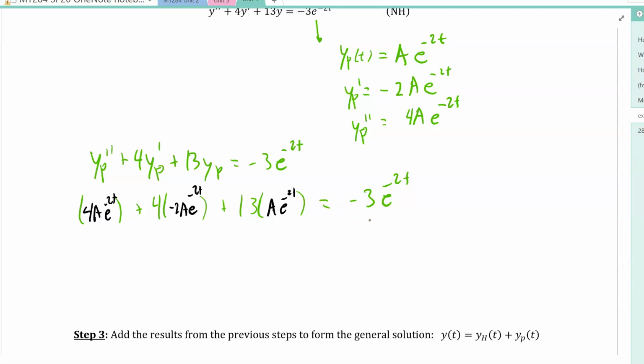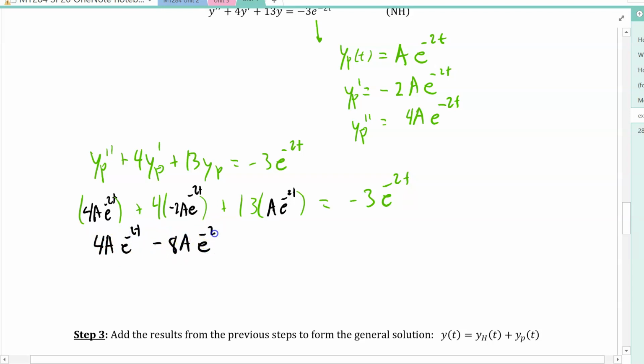Well, after dropping the parentheses and doing some multiplication, 4a times e to the negative 2t minus 8a times e to the negative 2t plus 13a e to the negative 2t, and all of that has to equal negative 3 e to the negative 2t.